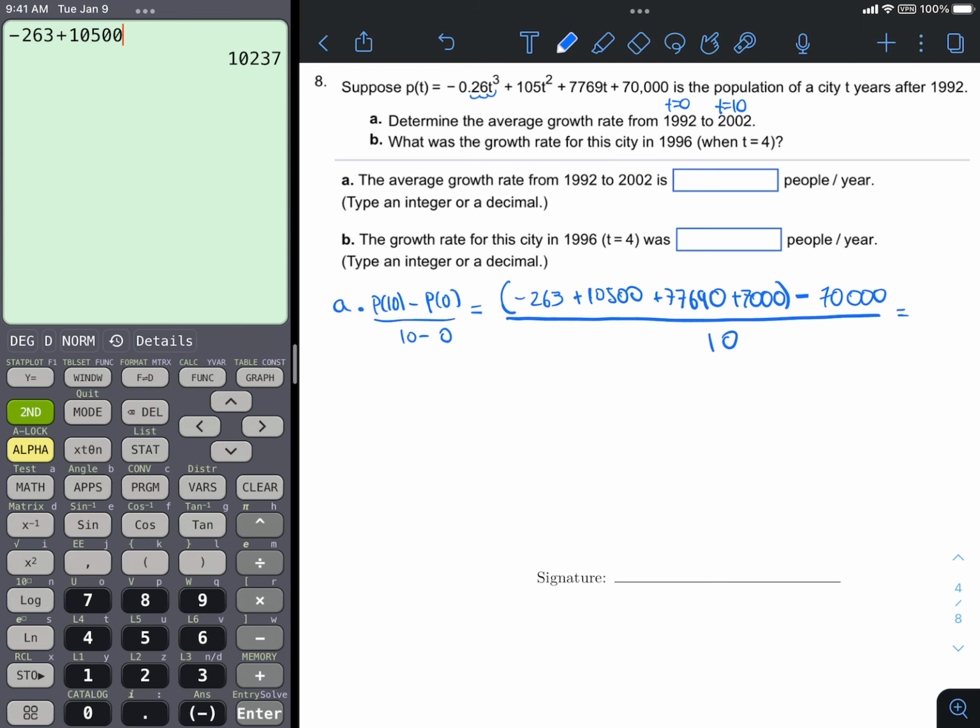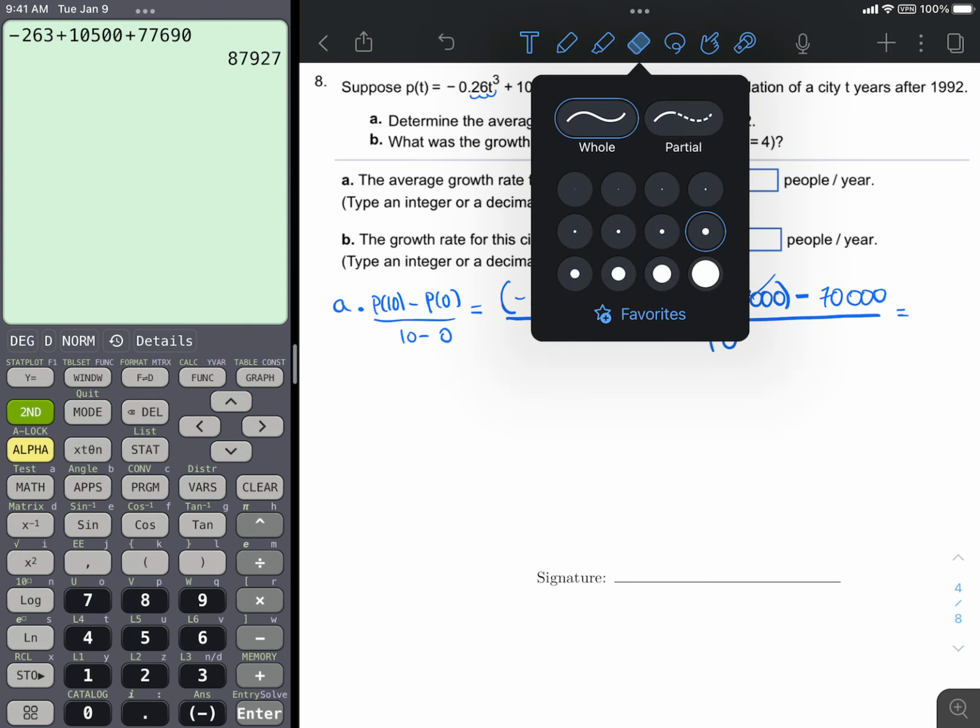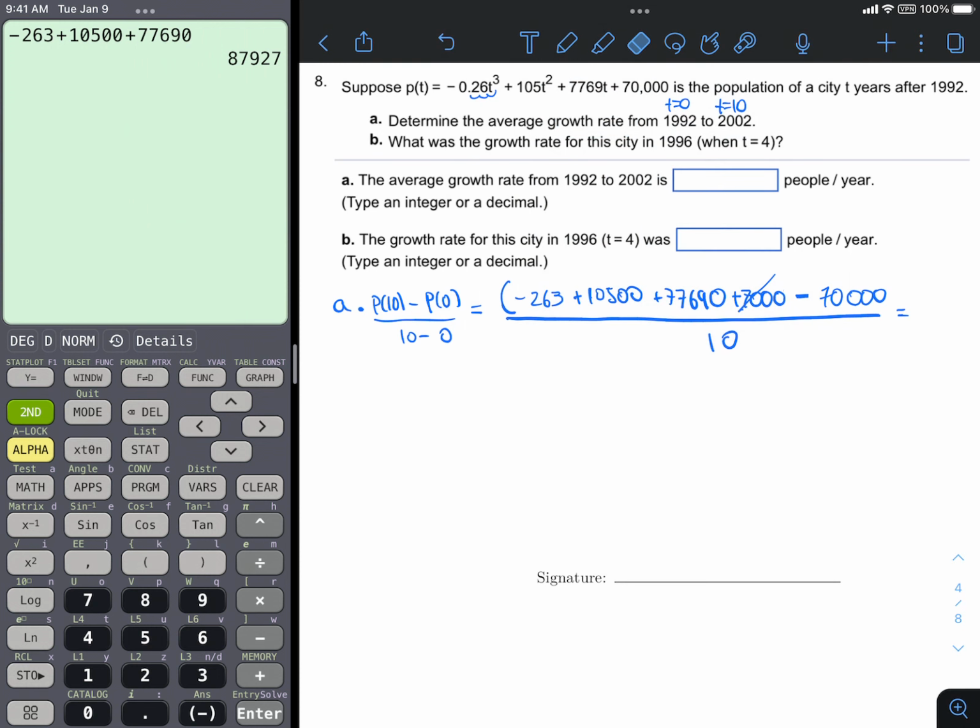And then plus a 7769 with a 0, and then the 70,000s. That's actually a 7,000 what I wrote, but just erase that. So my notes are correct. Those two cancel. Anyway, so I get the result.